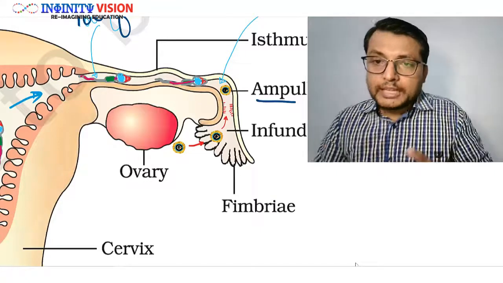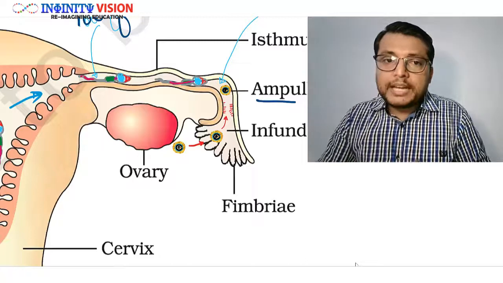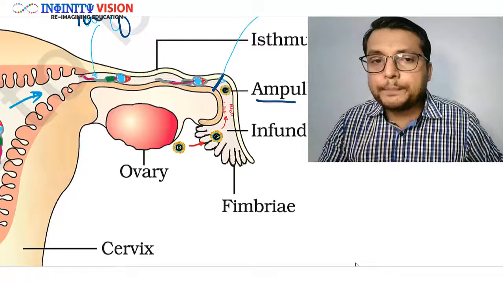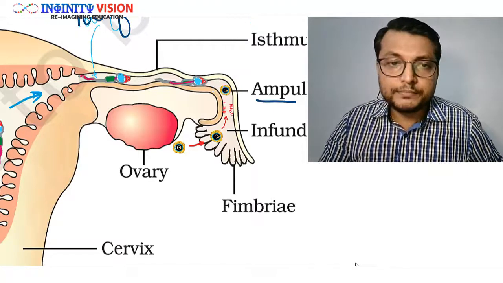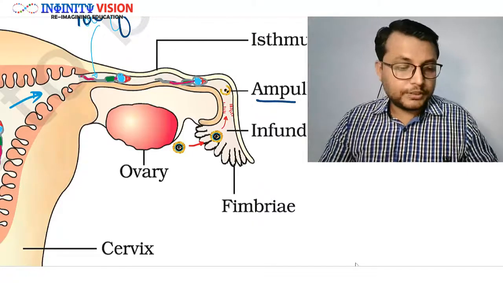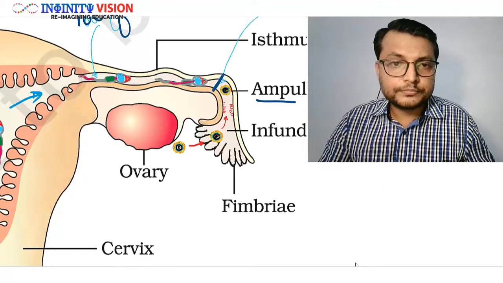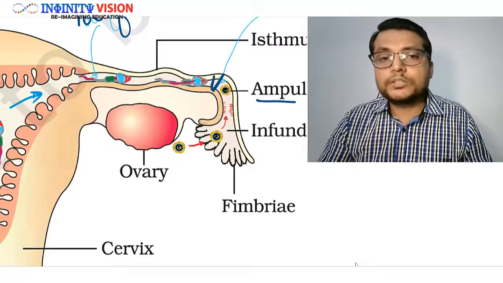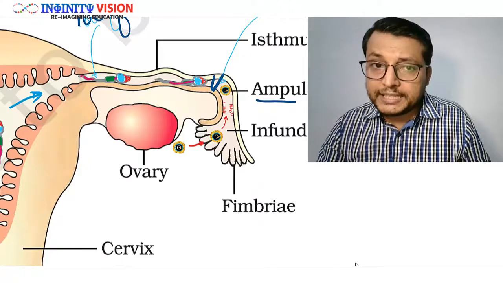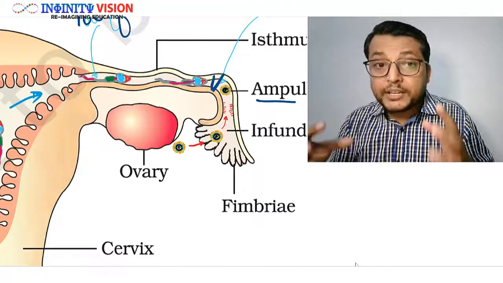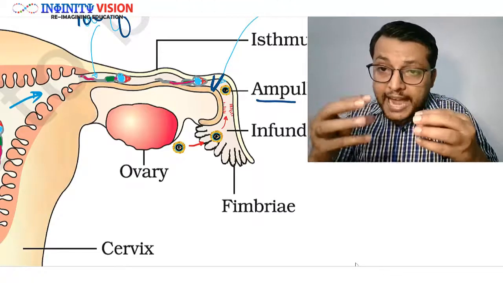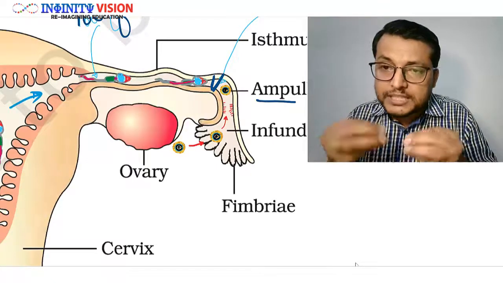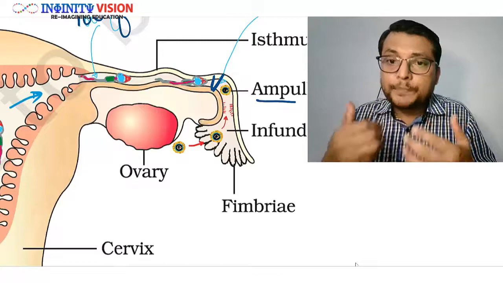Now at the junction of the ampulla and isthmus, precisely this point, this is the junction of ampulla and isthmus, and this is the point where the sperm and the ovum meet with each other. Okay, and therefore this is the site where the fertilization takes place.